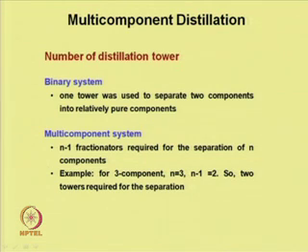But for multi-component systems, n minus 1 fractionators are required for the separation of n components. That means, if we have a 3 component system, then n is 3, n minus 1 is equal to 2. So, 2 towers are required for the given separation. So, this is the number of distillation towers required for a given separation.